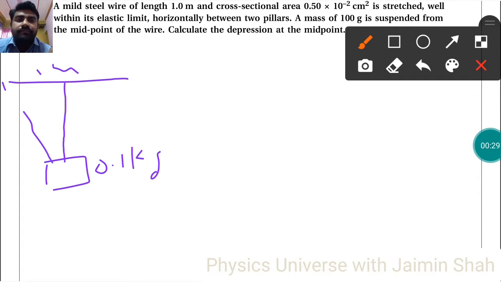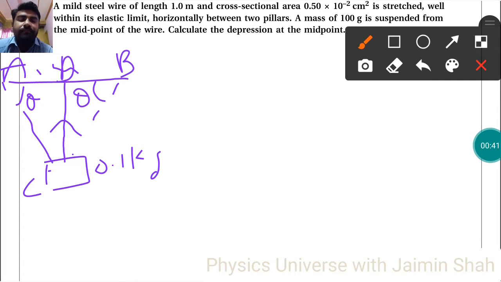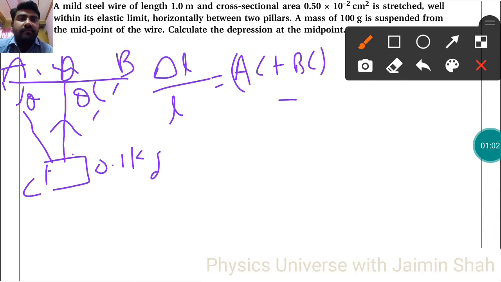Here this is angle theta, and this will also be angle theta, with tension created in the string. If this is A, B, and this is C, and this is D, the midpoint, then the change in length, delta L upon L, is given by AC plus BC minus AB.